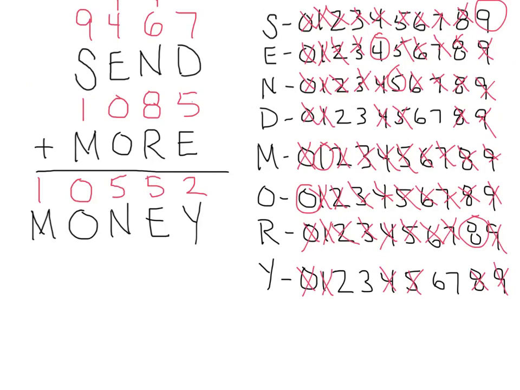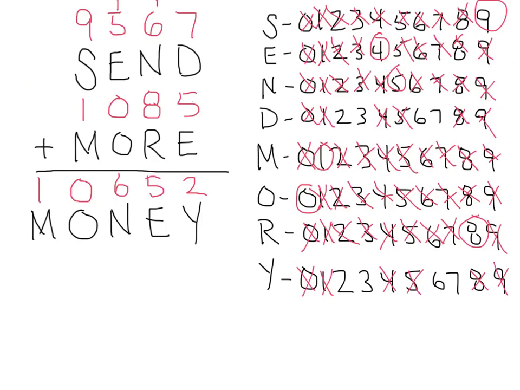This E up here isn't 4. It must be a 5. 1 plus 5 is 6. 6 plus 0 is 6. And the N up on SEND is 6, so it's a good thing that the N down here in MONEY is 6. So, by gosh, I think that works.